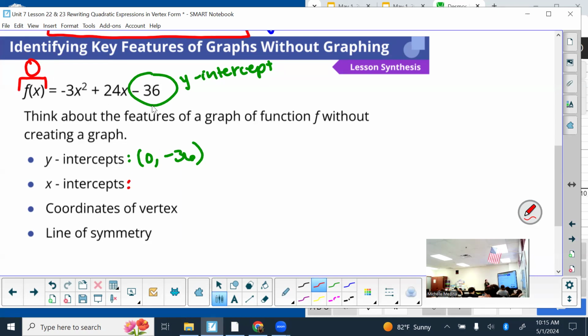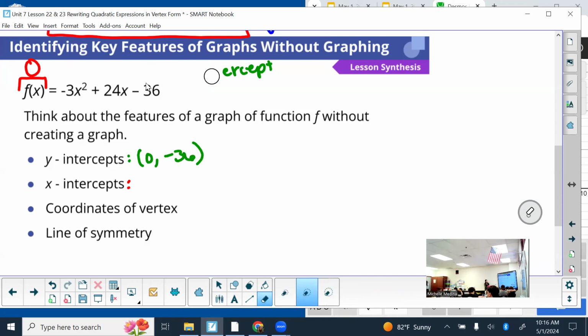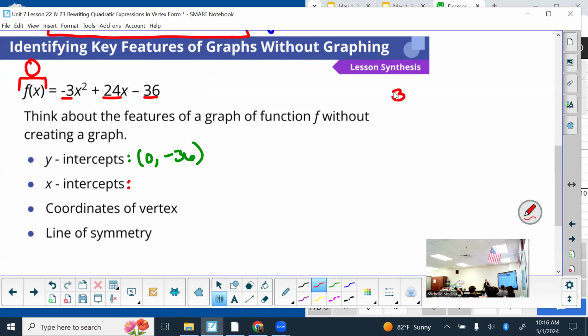Whenever you are solving by factoring, you need to look for a GCF first. Is there a GCF between 3, 24, and 36? Is there a number that divides evenly into all of them? So 3 is my GCF. 3 does divide evenly into the others.